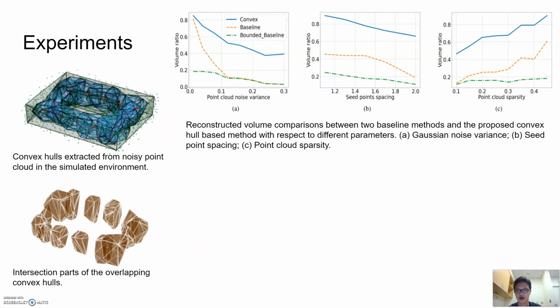By examining the volume ratio with different parameter values, we find our proposed method significantly outperforms the baseline method. To fully validate the effectiveness of our proposed method, we also compare the navigable volume for each seed point for different methods, and we can still observe the advantage of our proposed method over baseline methods.